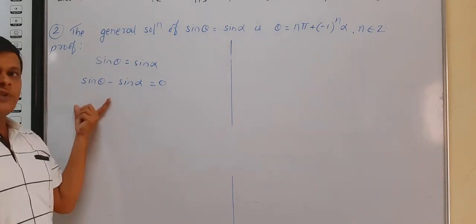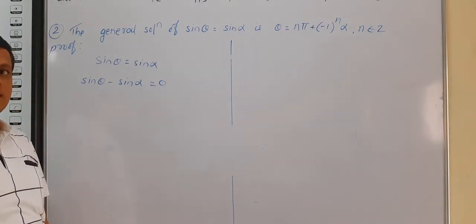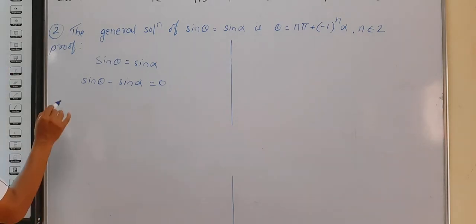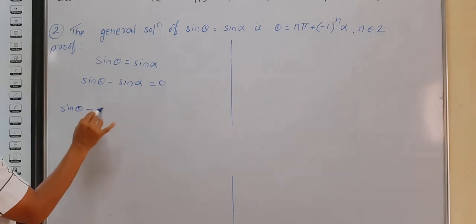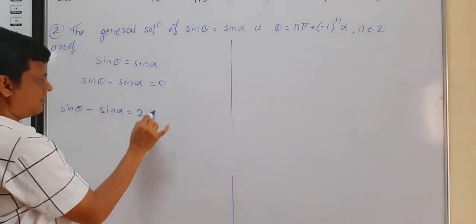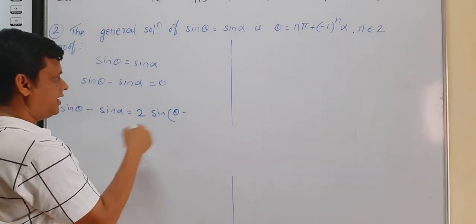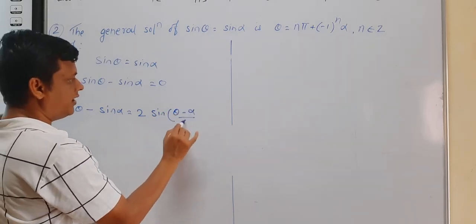Now this is of the form sin C minus sin D, so I have to use the formula for sin C minus sin D. From that we write sin theta minus sin alpha equals 2 times sin of (C minus D) by 2 into cos of (C plus D) by 2. In place of C you write theta, in place of D you write alpha.